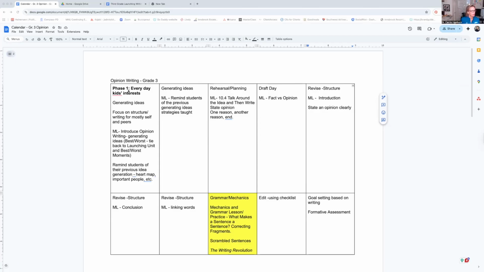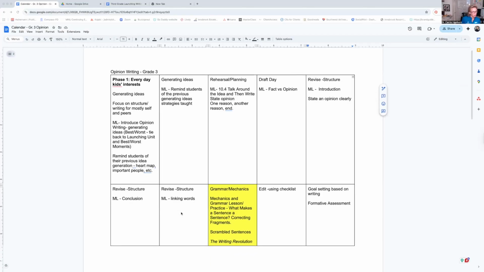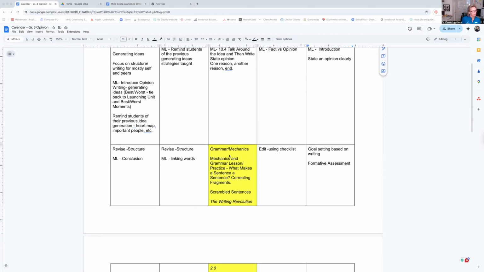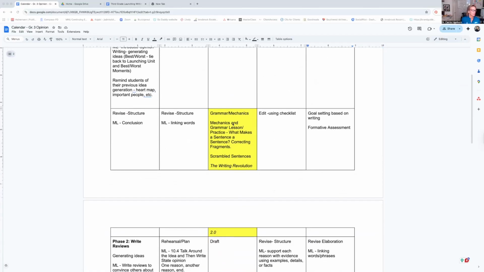And then the first phase is all about the structure. So we'll revise structure, thinking about the introduction, a conclusion, some linking words. And then here, what you're going to notice is a couple of times in a unit, we're doing very explicit grammar and mechanics lessons.